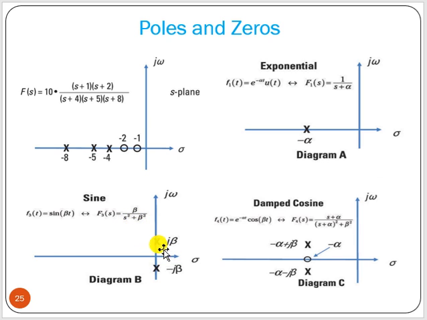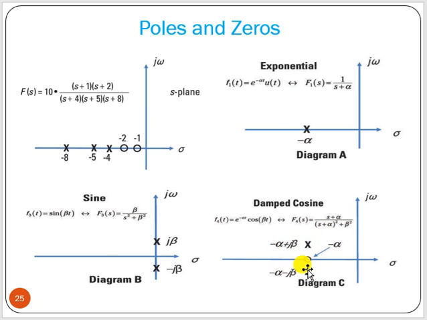So in that case, the poles are on the imaginary axis at plus j beta and minus j beta. Now the damped cosine function, e to the power minus alpha t cosine of beta t, that is (s plus alpha) by ((s plus alpha) squared plus beta squared), that is a zero at minus alpha, and poles at minus alpha plus or minus j beta.